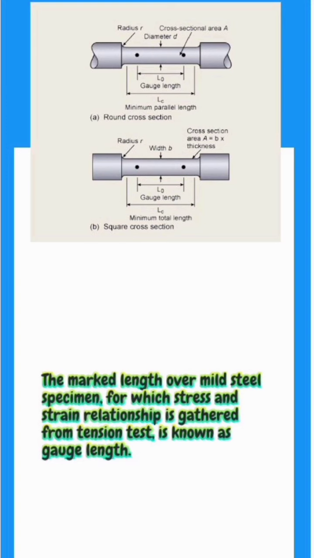Thereafter we can calculate stresses and strains at various salient locations up to local failure at critical section. The marked length over mild steel specimen, for which stress and strain relationship is gathered from tension test, is known as gauge length.